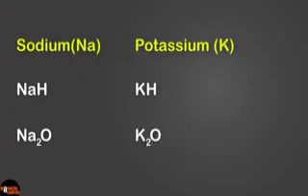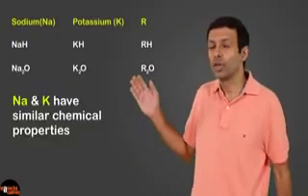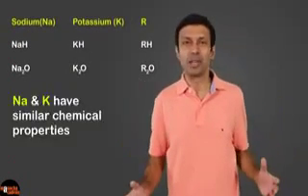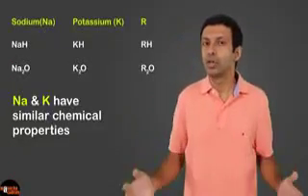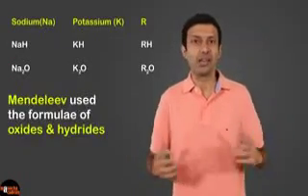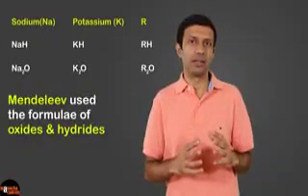If we represent the element as R, then the chemical formula is the same for both, RH and R2O. So sodium and potassium have similar chemical properties and can be grouped together. Mendeleev used the formulae of oxides and hydrides to group the elements together.